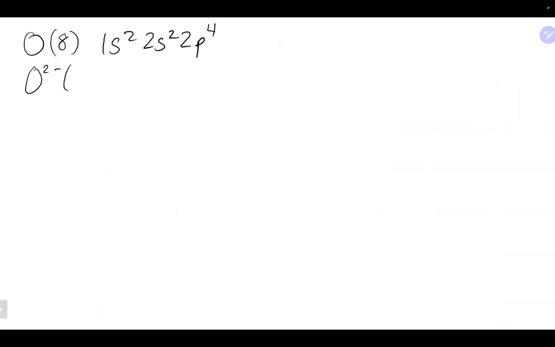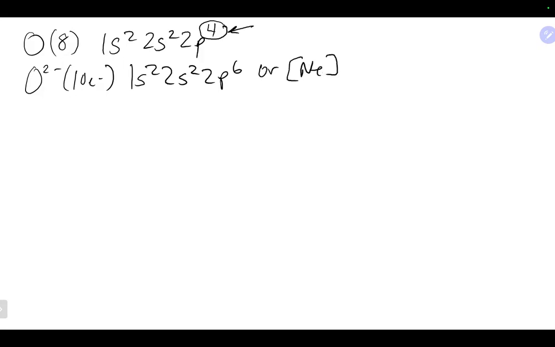The 2 is how many it gained from the neutral atom, which means we are going to end up with 10 electrons. And they fit really nicely, because the p subshell can now take in 2 more, until it's filled. And that is where they will end up, as 1s2, 2s2, 2p6, or again, that is neon's configuration. Any questions on that one there?